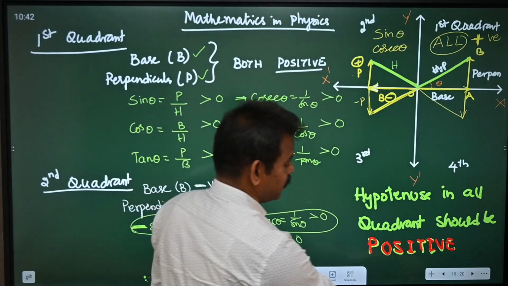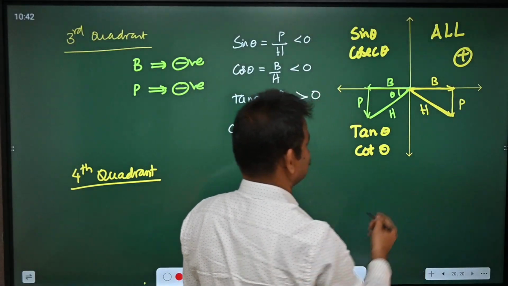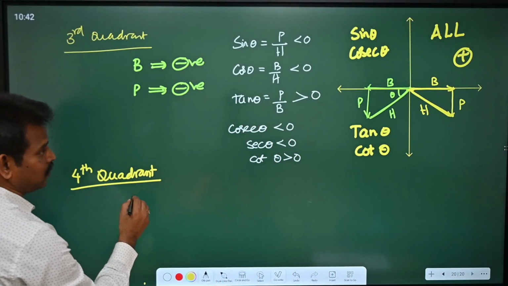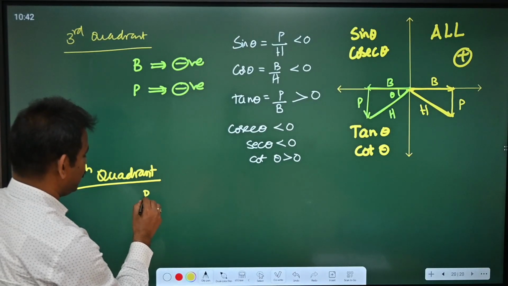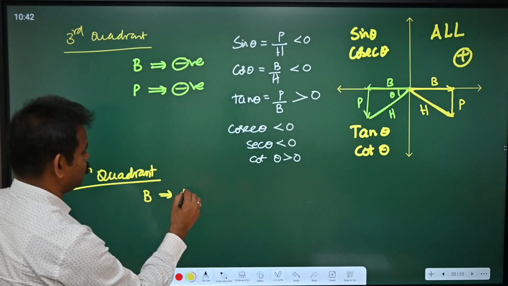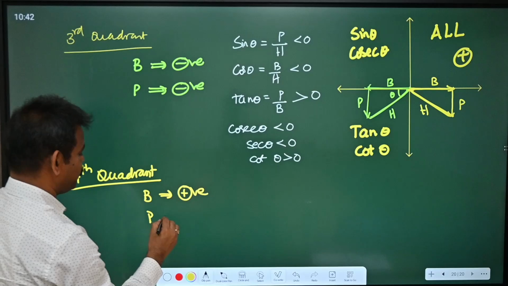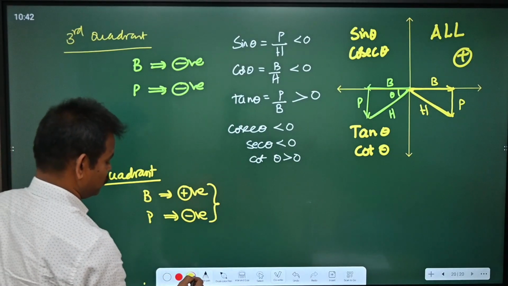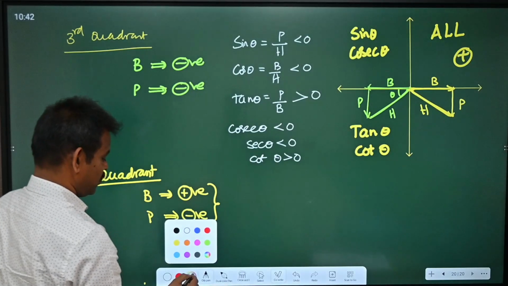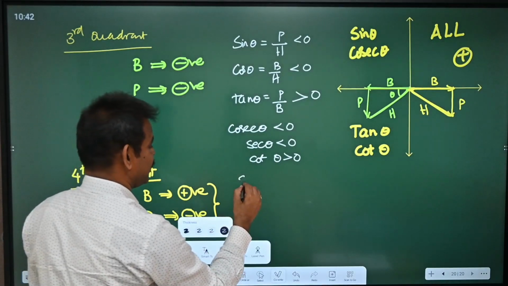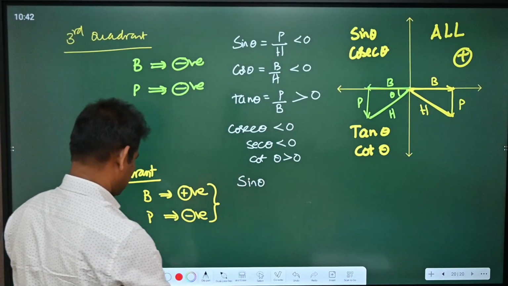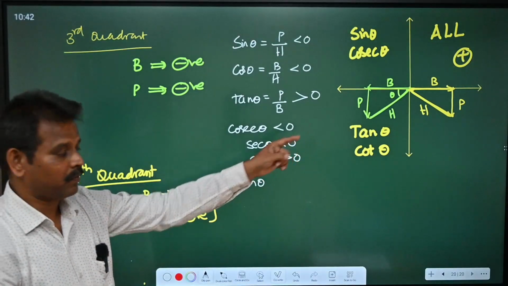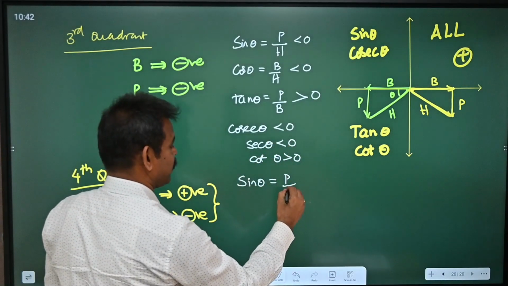So that's why here in the fourth one also this is positive. Now from this what we can write? In the fourth quadrant, base is positive, perpendicular is negative. From these two, we can write sin theta is perpendicular by hypotenuse. This is P by H.